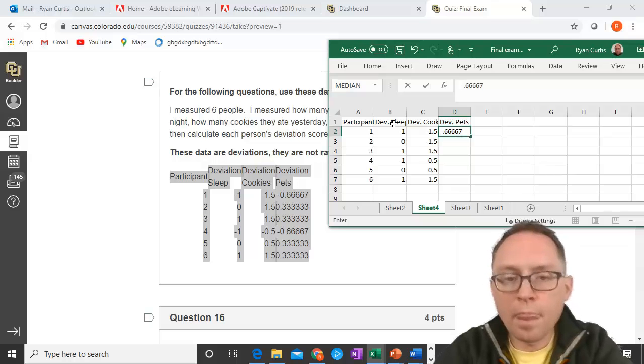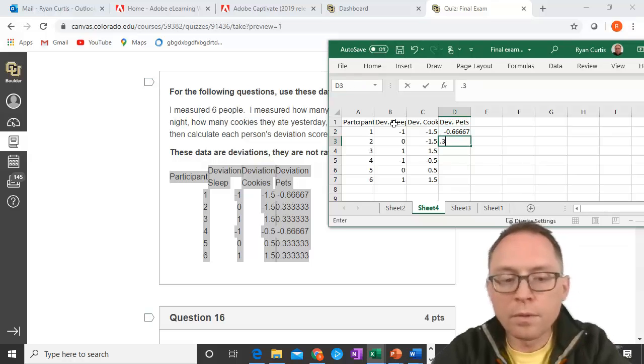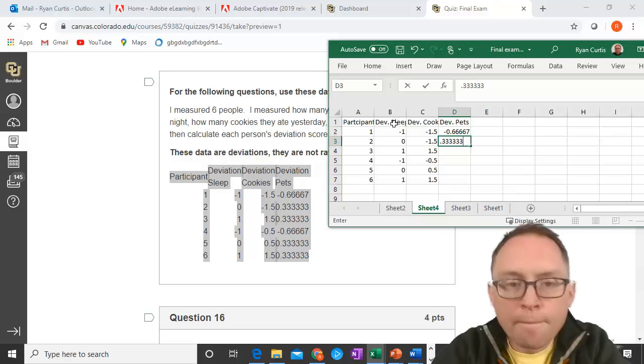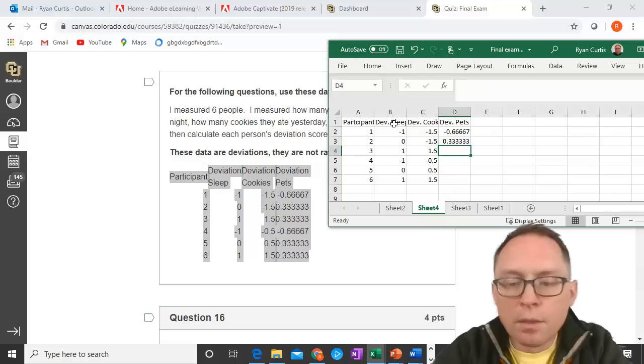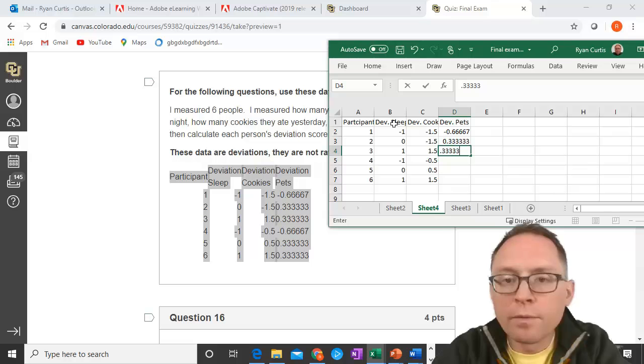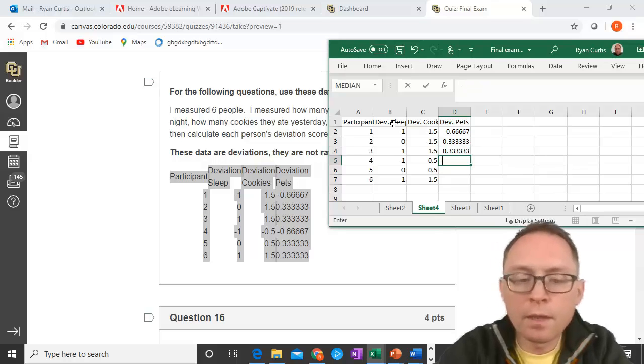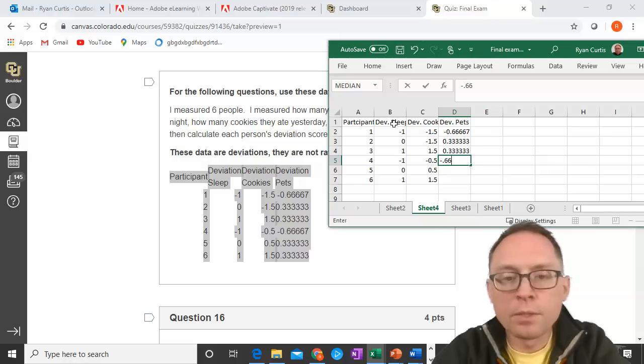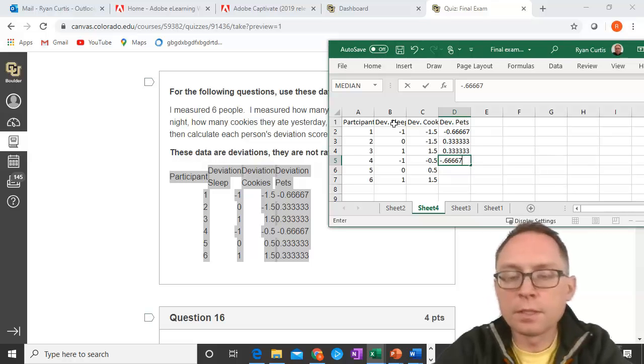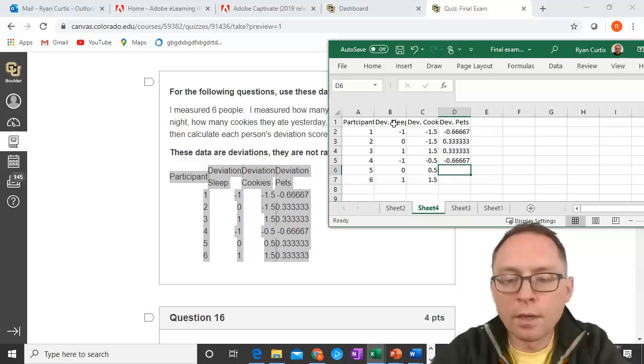-0.66667, 0.33, 0.33, trying to keep everything the same number of decimal places. Then -0.66667 again, 0.33, 0.33, and then 0.33.